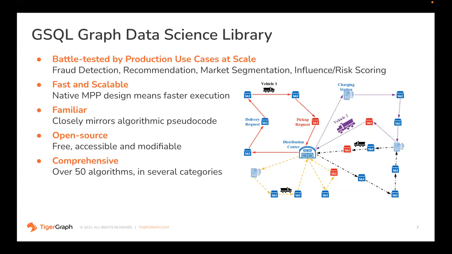You just copy it right in. And then the algorithms are open source, so it's available freely. You can look at how we did things and you can modify it. And we now have over 50 algorithms in several categories, and that's what we're going to focus on today.